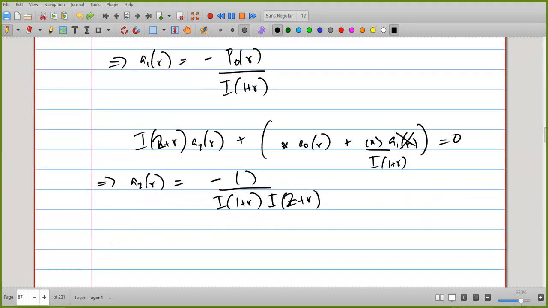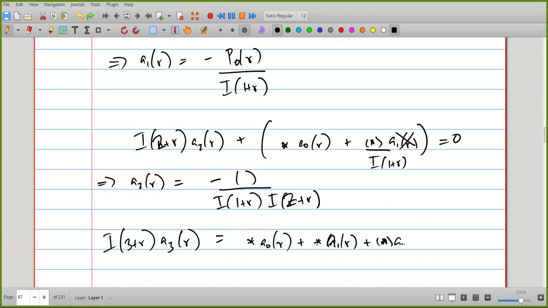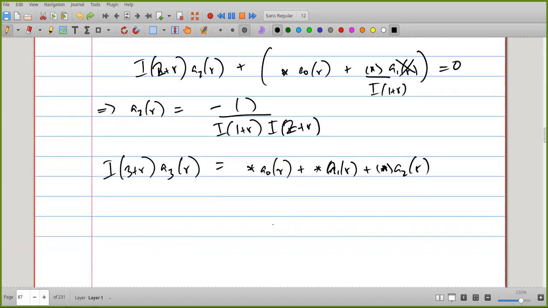Now when we go to I of 3 plus r times a3 of r, it is equal to, once again, something times a0r plus something times a1r plus something times a2r. So you see the pattern.